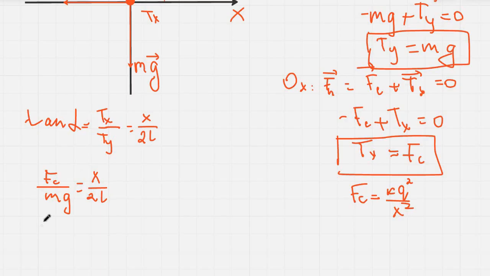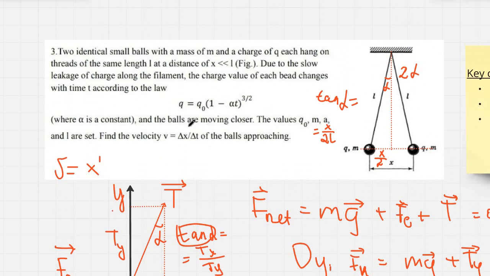We know our electrical force, k q squared over x squared, over mg, equals x over 2L. Also, we know our q at time t, it's given.